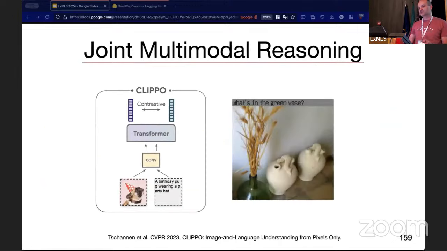And some researchers from DeepMind also tried to do joint reasoning in a multimodal space directly, where instead of having a dual encoder model where you have an encoder for each different modality, here everything is processed visually through a shared model and a shared transformer representation. And they achieve this by rendering the questions directly into the image, like what's in the green phase, which is shown here at the top.